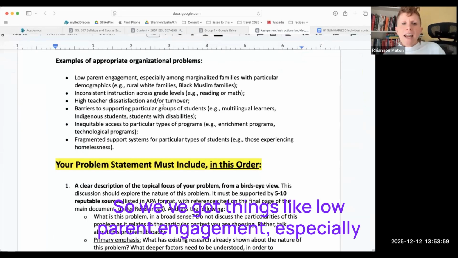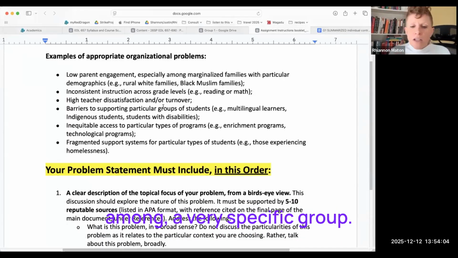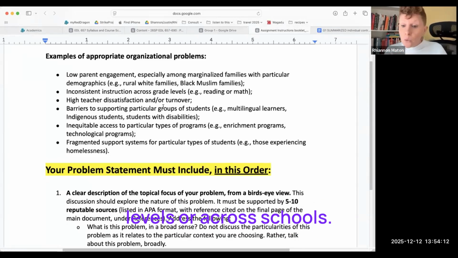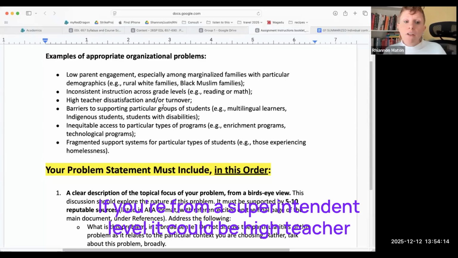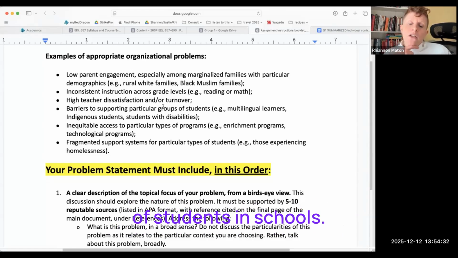So, we've got things like low parent engagement, especially among a very specific group. It could be inconsistent instruction across grade levels or across schools if you're from a superintendent level. It could be high teacher dissatisfaction and turnover, or it could be barriers to supporting particular groups of students in schools.